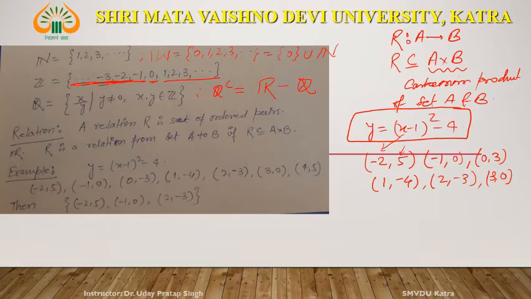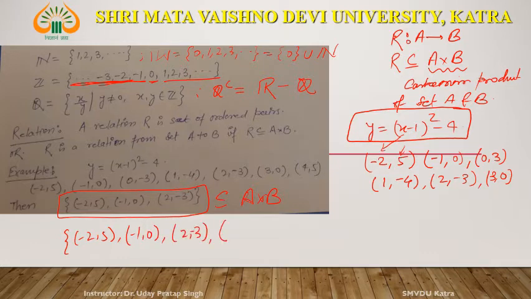Whether this is a relation, what is the definition of a relation? If R is a subset of A cross B, right? Suppose in this set, (minus 2, 5), (minus 1, 0) and (2, minus 3), I added one element (1, 4). Whether this is a relation? No, this is not a relation, since it is not a subset of A cross B. Why?